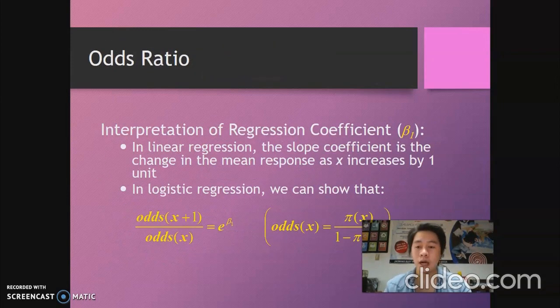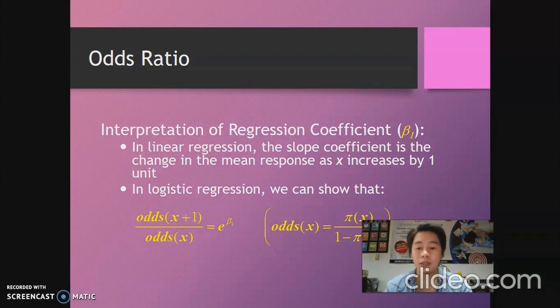Let's go now to the odds ratio. The interpretation of regression coefficient 1: in linear regression, the slope coefficient is the change in the mean response as X increases by 1 unit.